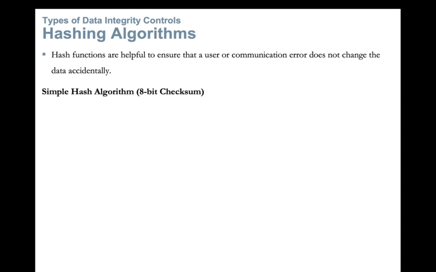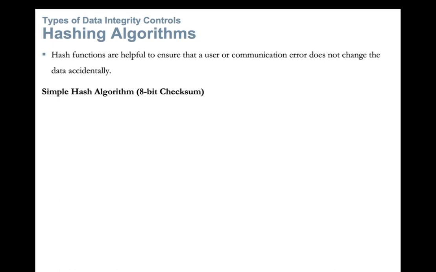For instance, a sender may want to make sure that no one alters a message on its way to the recipient. The sender device inputs the message into a hashing algorithm and computes its fixed length digest or fingerprint. There is a simple hash algorithm called the 8-bit checksum.